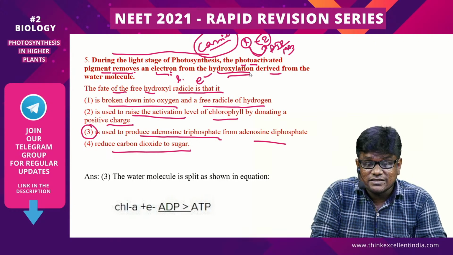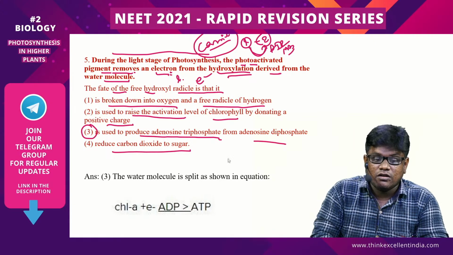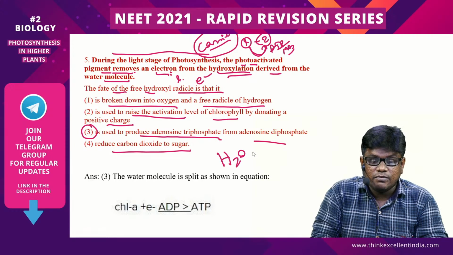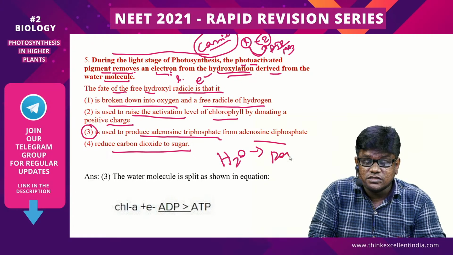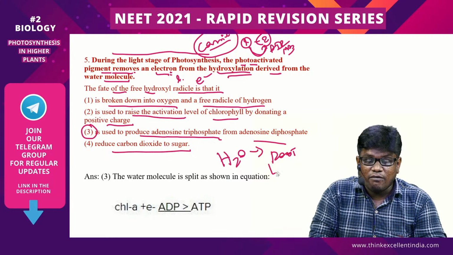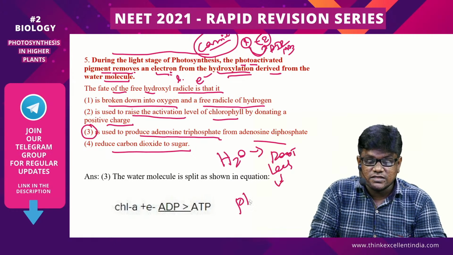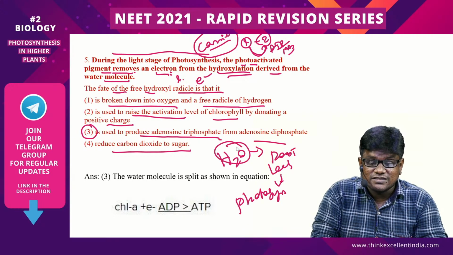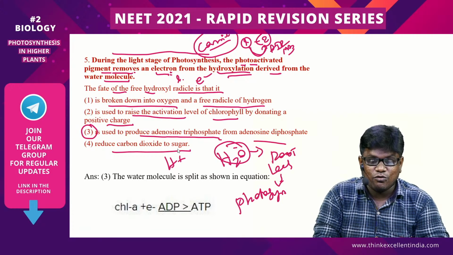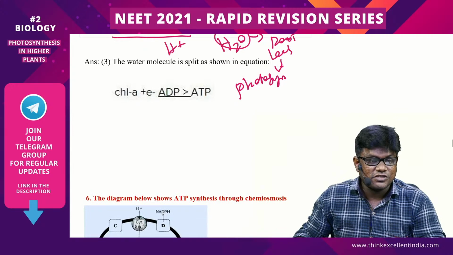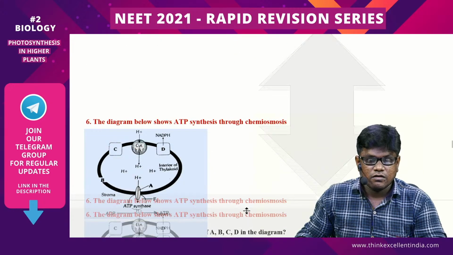What is hydroxyl derived from the water molecule? Water molecules will be absorbed by the root system and come to the top of the leaf for photosynthesis. So the water splitting process takes over, H plus ions are formed. I can clearly give you the information now.